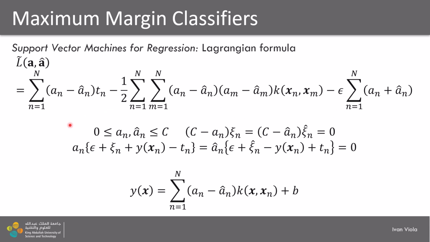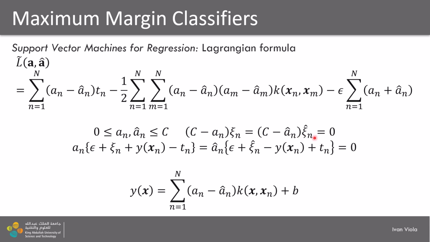With this, we can see that there are several constraints defined, also based on the results which we have observed on the page before, that a_n and a hat n are bigger or equal to 0 and smaller or equal to C. So it's again within this box as we had it before, and then C minus a_n times the slack variable is equal to 0, and C minus a hat n times the xi hat n is equal to 0.